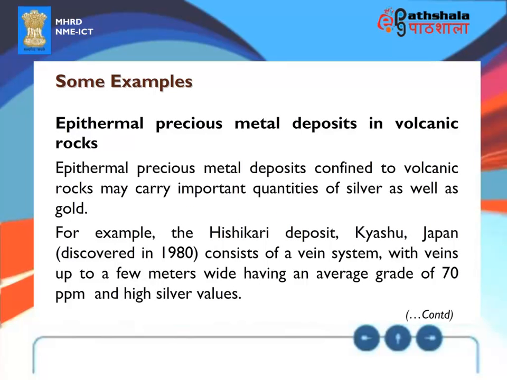Epithermal precious metal deposits in volcanic rocks. Epithermal precious metal deposits confined to volcanic rocks may carry important quantities of silver as well as gold. For example, the Hishikari deposit, Kyushu, Japan, discovered in 1980, consists of a vein system with veins up to a few meters wide having an average grade of 70 ppm and high silver values.